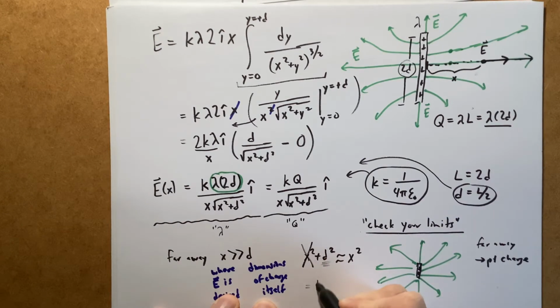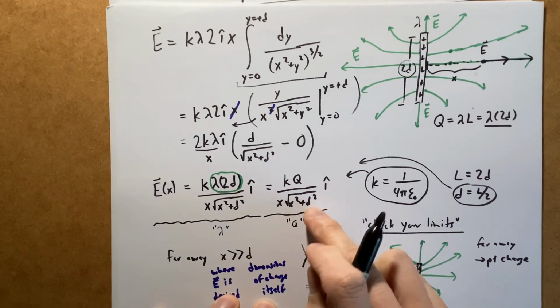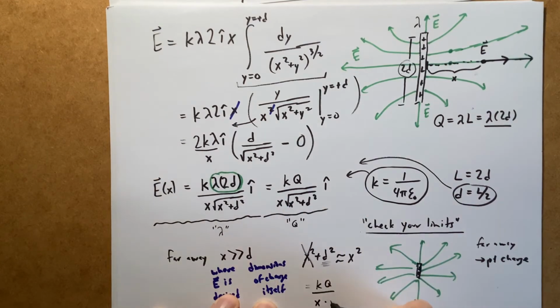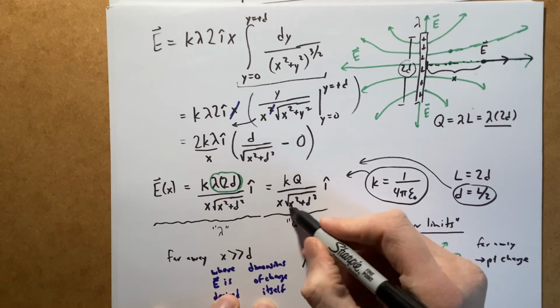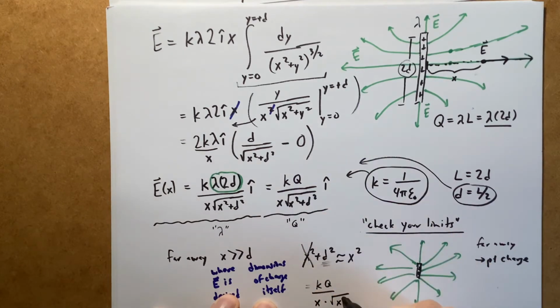So we go equals kq over x times the square root of, and I'm going to approximate x squared plus d squared as just x squared. And look what I wind up with. I wind up with kq over x squared. Now, x is just how far I am away, right?